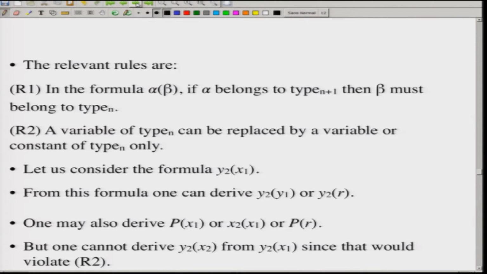Now, let us consider the formula y2 x1. The 2 means second order, that is, a second level variable. The 1 is lower, right? The lowest type is 1.